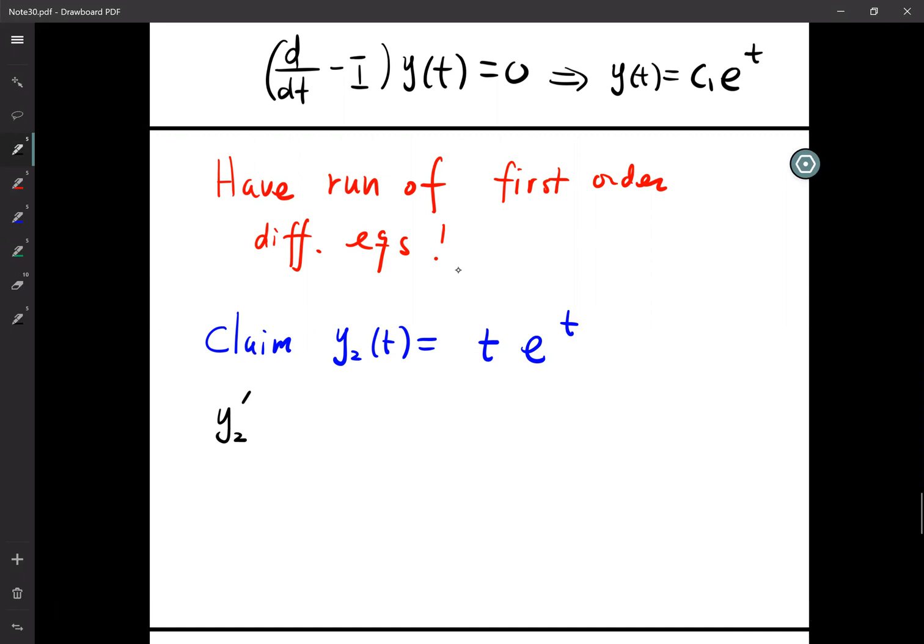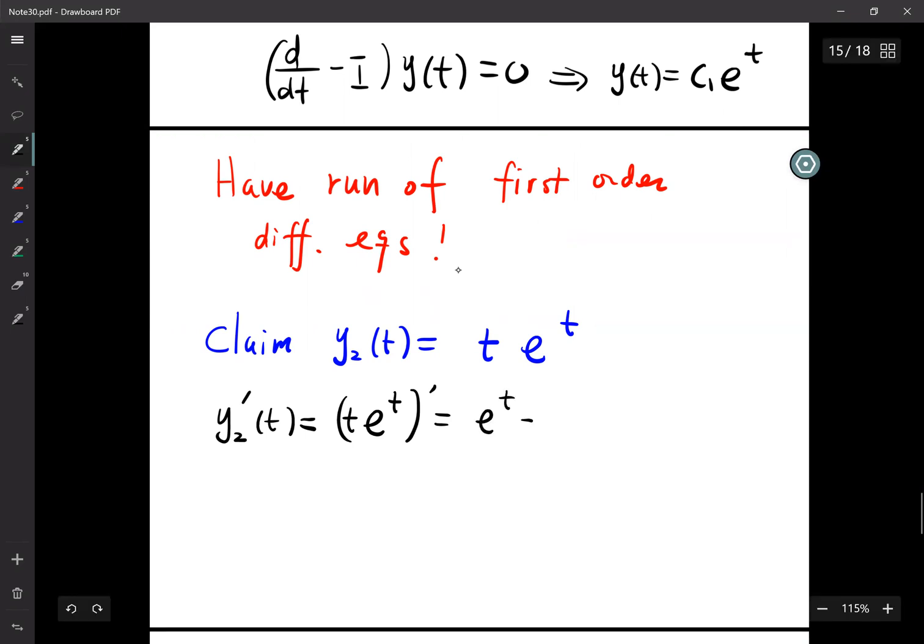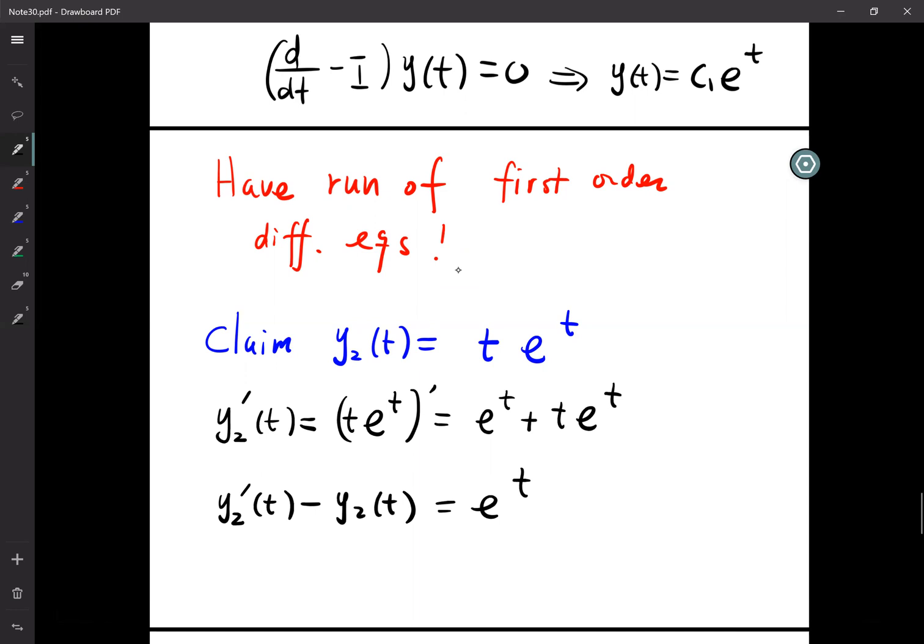This is the derivative of t times exponential t, which is exponential t plus t exponential t, and therefore I have y2 prime(t) minus y2(t) equals exponential t. Okay, so at this point I know I'm done. Why am I done? Because this one is exactly the y1, right?